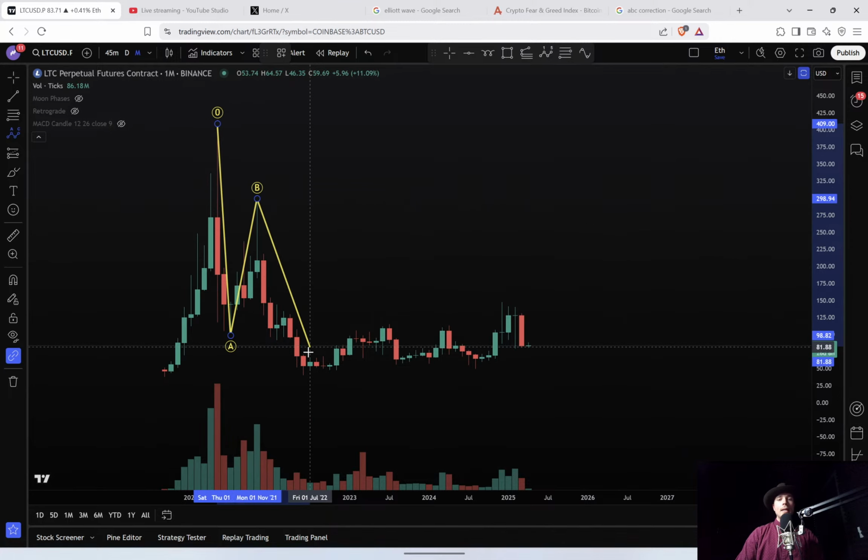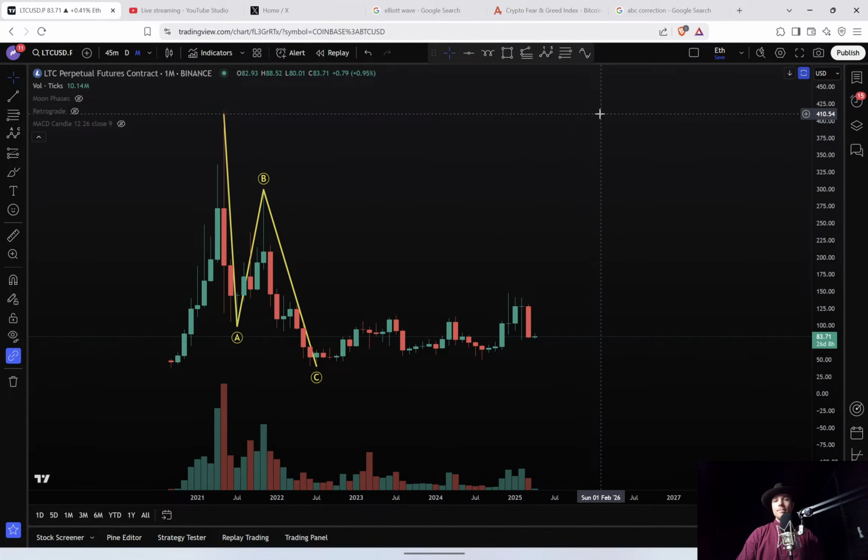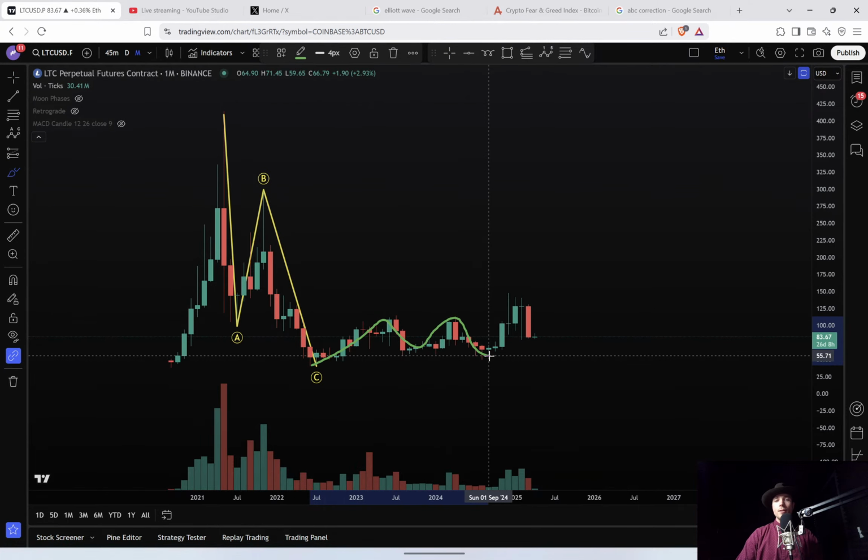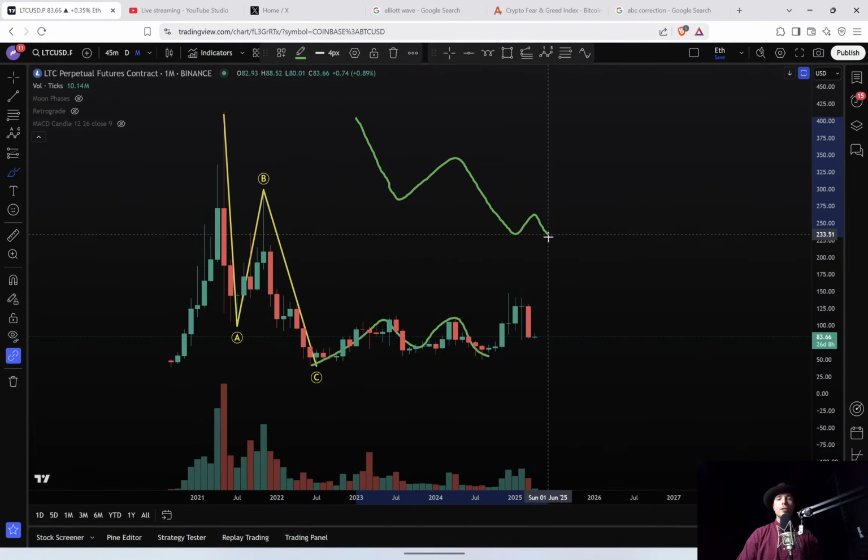A, B, and C. See how nice that looks? And then we have sideways accumulation. This is very common after an ABC correction. A lot of times you'll see sideways accumulation, especially in these bigger time frames like the 1 month or the 1 week. On the smaller time frames, if you see an ABC correction, it's a lot more common for it to just turn around.